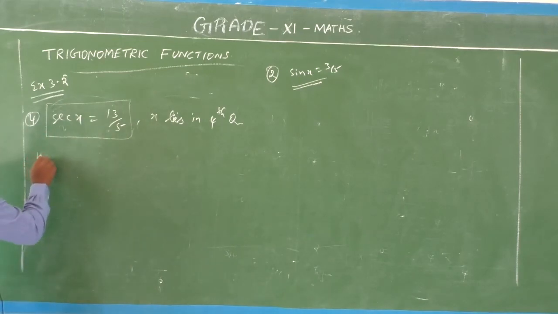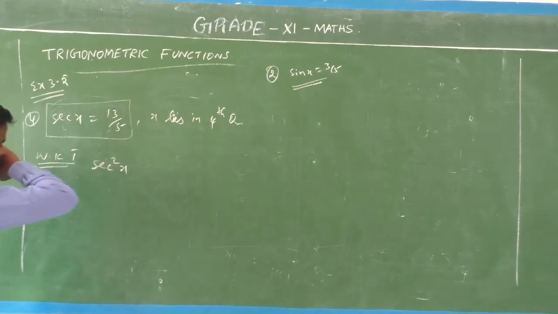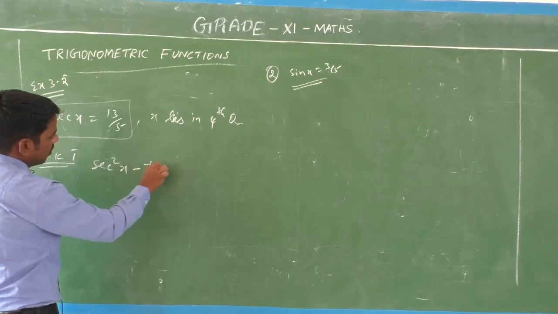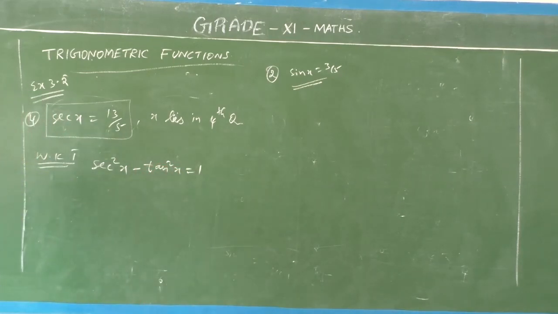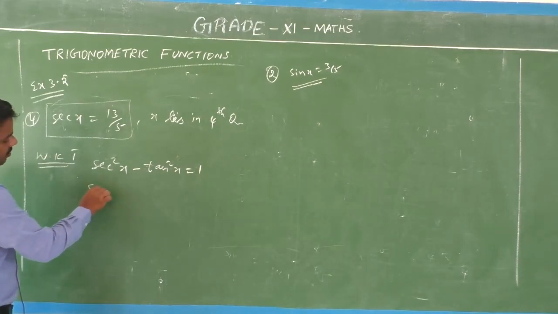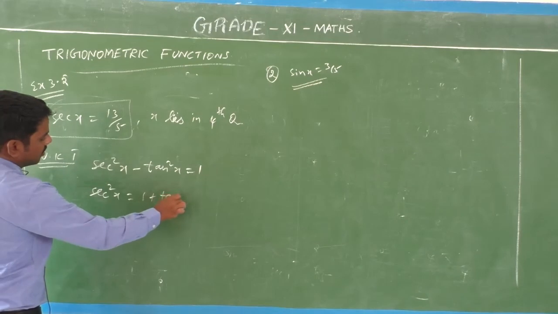We know that secant squared x minus tan squared x is equal to 1. This is written as secant squared x is equal to 1 plus tan squared x.